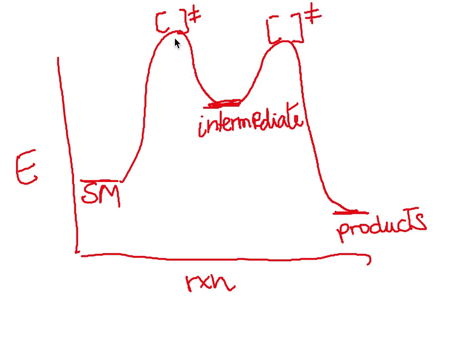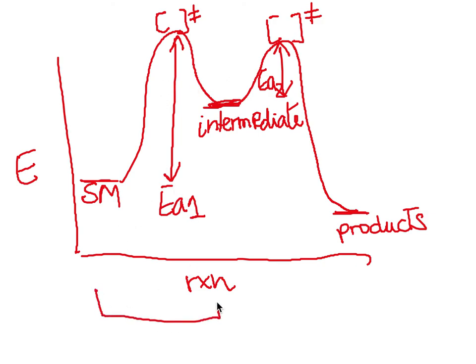So right here, at this point, we're going to have one activation energy, so that's activation energy 1, and then we're going to have a second activation energy 2, right? So the reaction is going to have a step 1 and step 2.